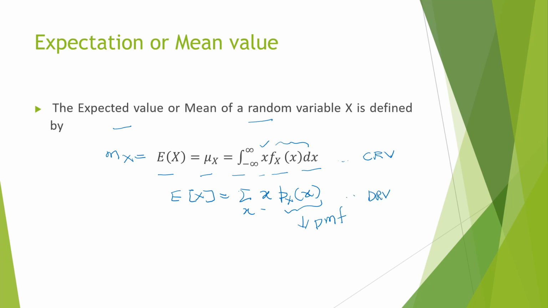In the case of a continuous random variable, it is integral of x fX(x) dx, where fX(x) is the PDF, probability density function. This is the difference between CRV and DRV. In the case of CRV, we are using PDF and integration. In the case of DRV, we are using PMF and summation.